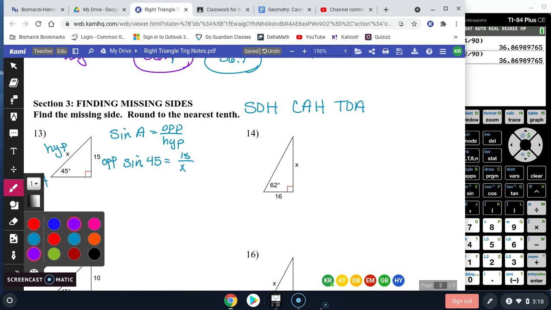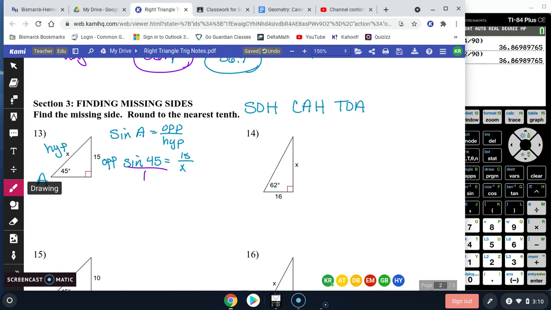Now from here, this is a proportion. So when I go to solve it, I can cross multiply. I'm going to put sine 45 over 1 and then 15 over x. So x times sine of 45 degrees is 1 times 15, or 15.